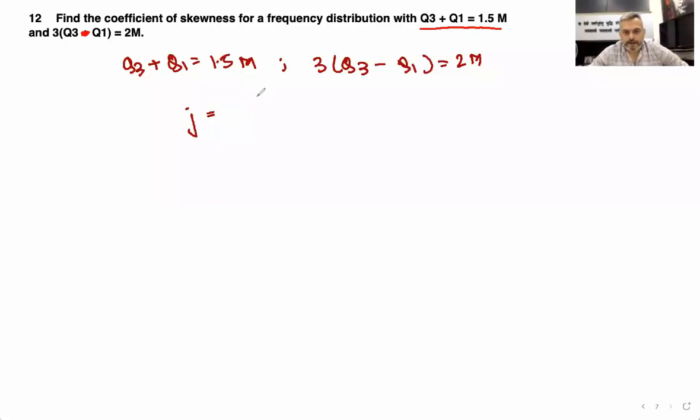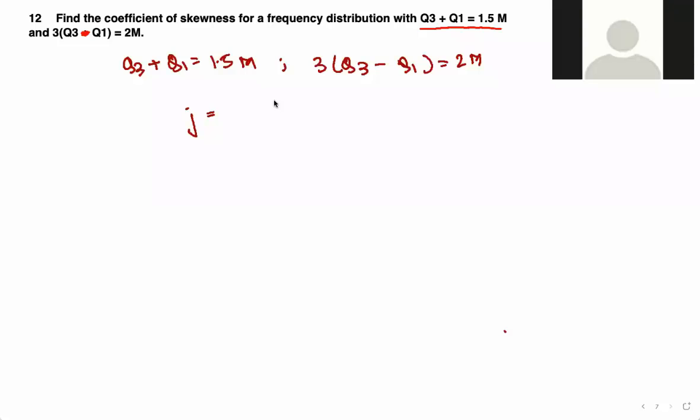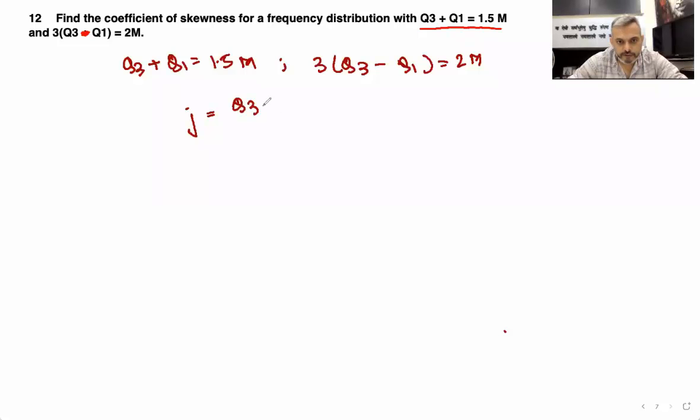So which formula we have to use over here, okay, just try and then we can proceed. I give you 2 minutes to apply your mind. Just try. So now over here, (Q3 plus Q1 minus 2m) upon (Q3 minus Q1) is the formula we have to use. Now before that, I'll write some results.